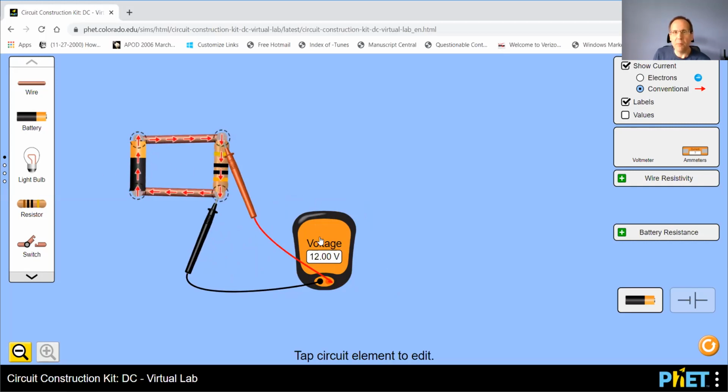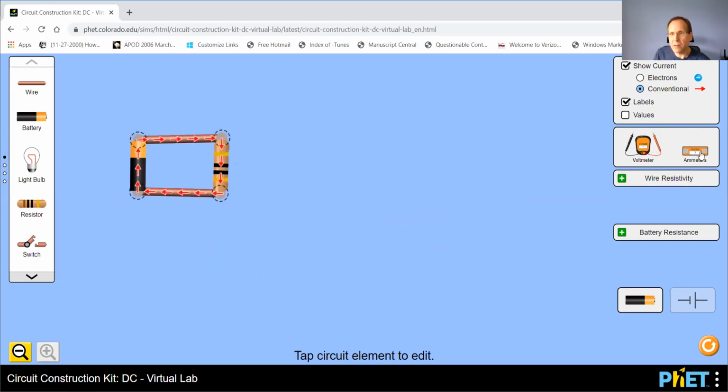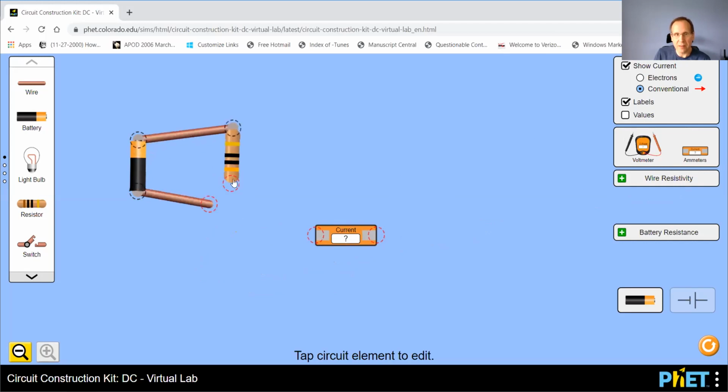Okay, then current. How do we measure current? That's where we're going to use what's called an ammeter. Right, so we have an ammeter. And here we want to disconnect one of the wires, so we need to break the circuit. To do that, you just click on one part. There's a little icon here for the scissors. Click it, and it'll separate it. I'll make a little room here.